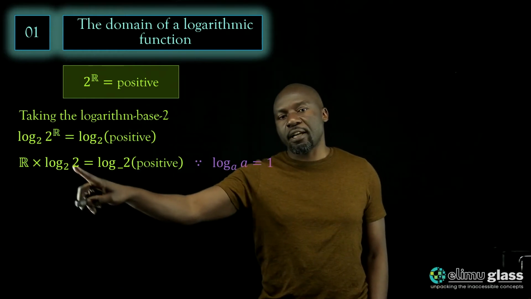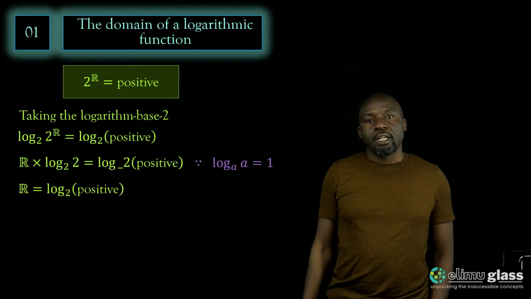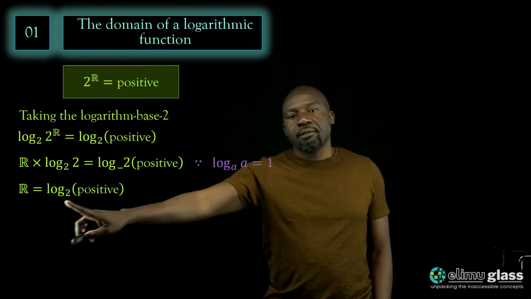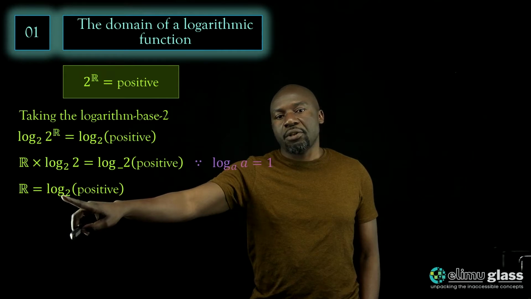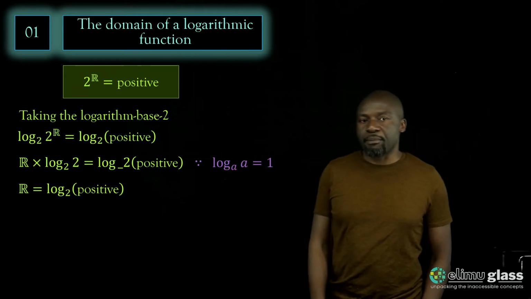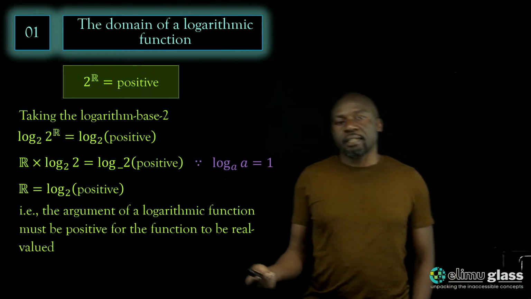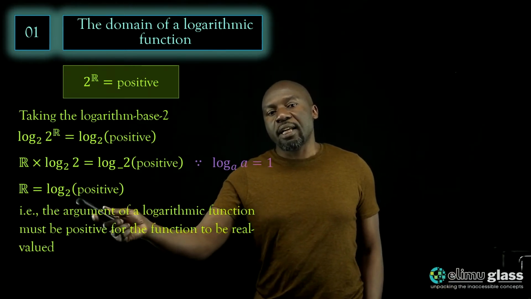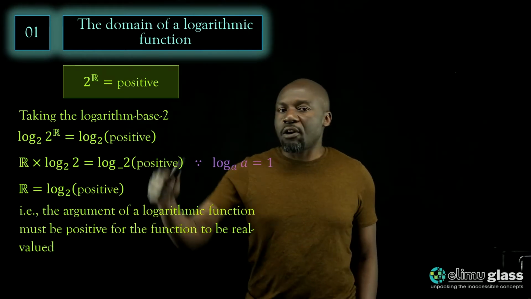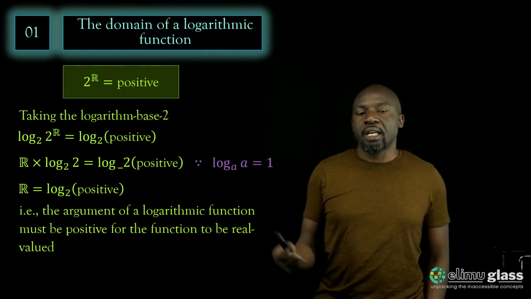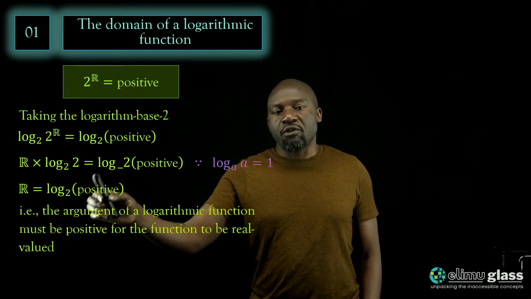So this bit here is going to be 1, and therefore we can conclude that r is log to base 2 of all positive numbers. What this suggests is that we can only take the logarithm of positive numbers.